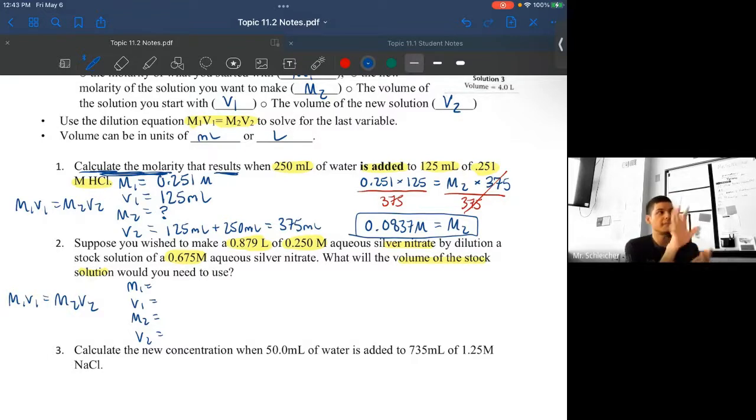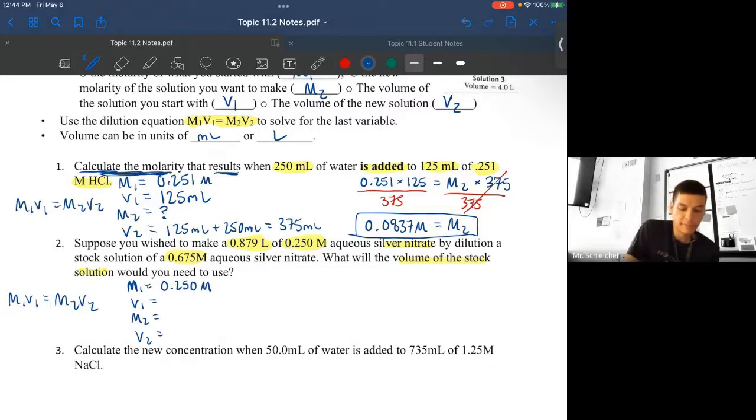Now, it doesn't always have to be a before and after that you're doing here. It could just be the thing you know about and then the thing you're trying to solve for. So for my M1 and V1, the things I know about, I could just put in that molarity and that volume that they give me. So my initial molarity, I could say, for instance, 0.250 molar.